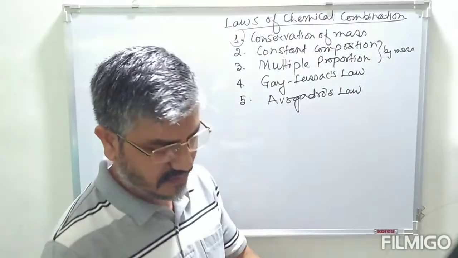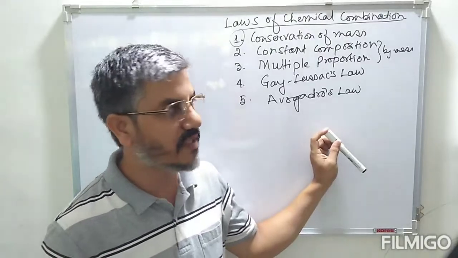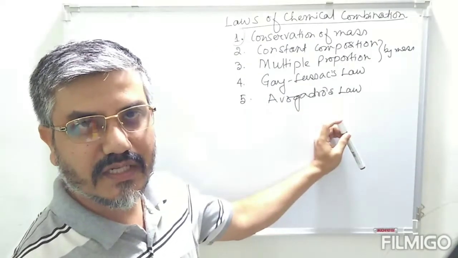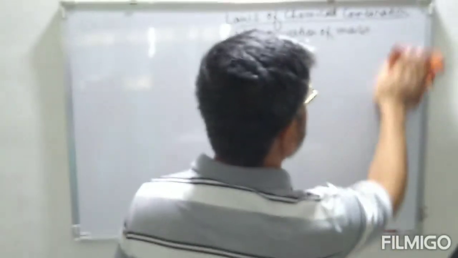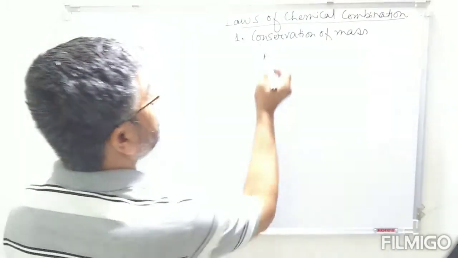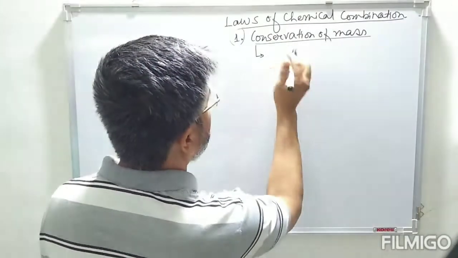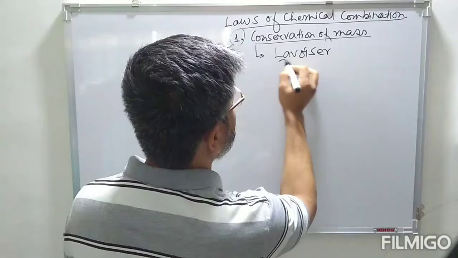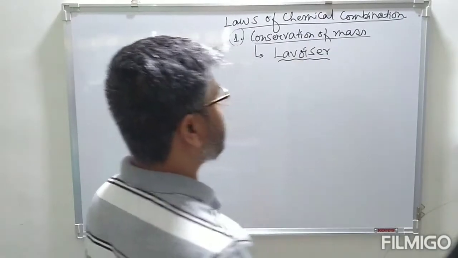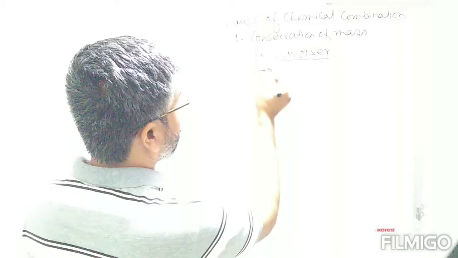That means the total mass of the reactants before the reaction should be equal to the total mass of the products after the chemical reaction. So we have this law of conservation of mass. This law was given by a scientist known as Lavoisier.